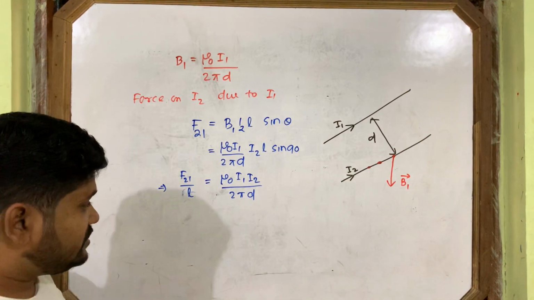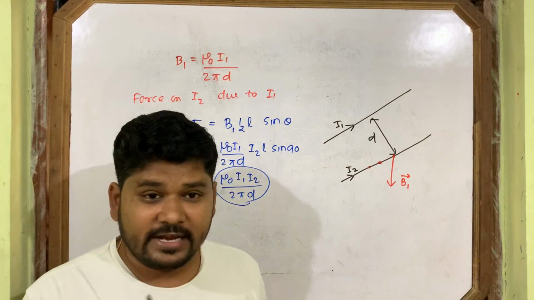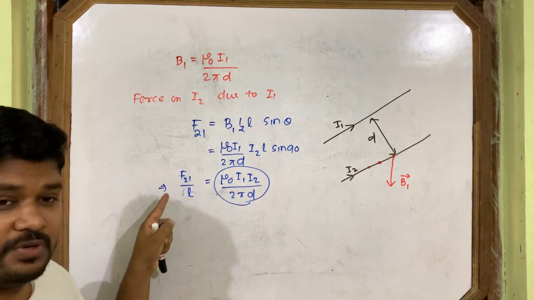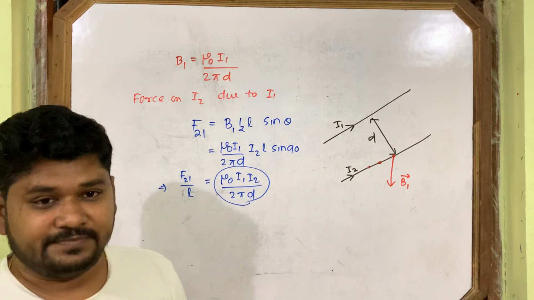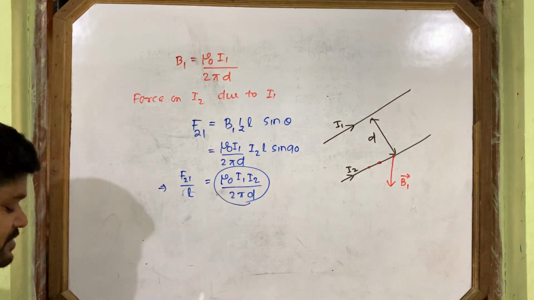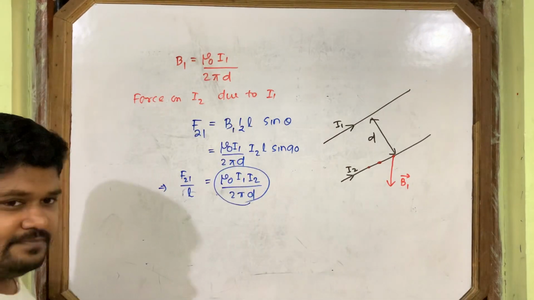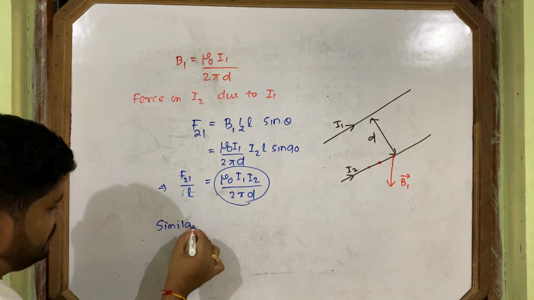But mu naught I1 I2 by 2 pi d is not the expression of force. This is the expression of force per unit length. Keep in mind, force per unit length. So this is the force per unit length we derived on I2 due to I1. Similarly, I am not going to derive the other one.